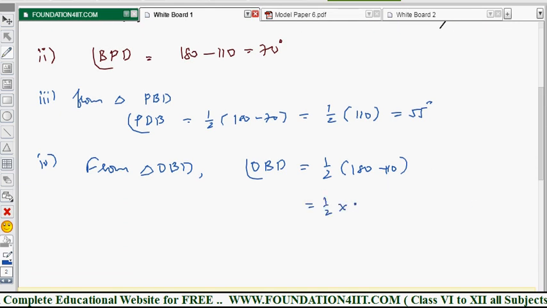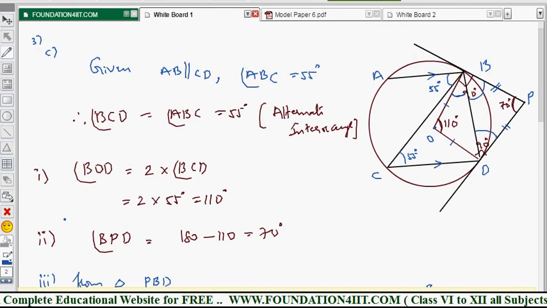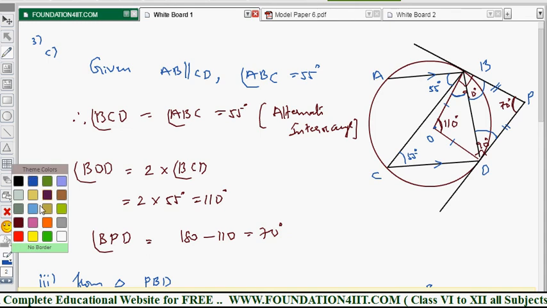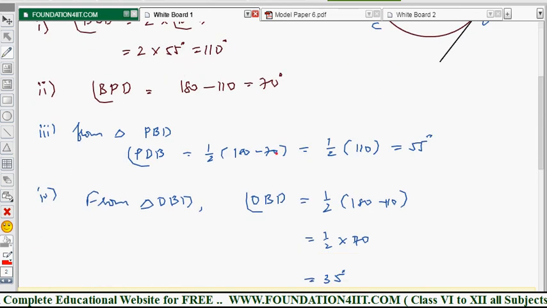Half of 180 minus 110 is 70, so that is 35 degrees. Right. This is 35 degrees we can take. If it is 35, similarly this is also the same 35. Only this they asked. So angle OBD, because OB is equal to OD, radii. Okay, it's the isosceles triangle property.